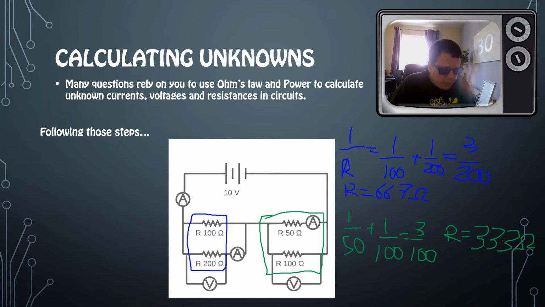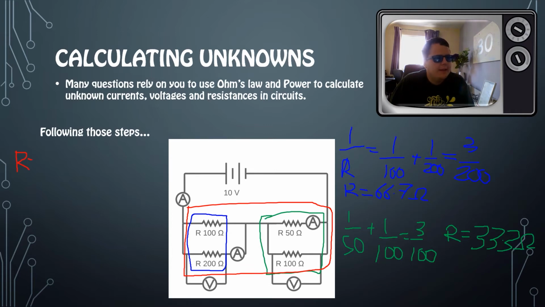Okay, next job, we identify that what we've just done we will have in series. So in series, we'll go over to this side. R now is going to equal 100 ohms. Why is it 100? Well, it's 66.7 plus 33.3 comes to 100.